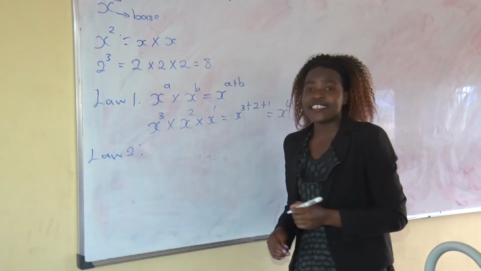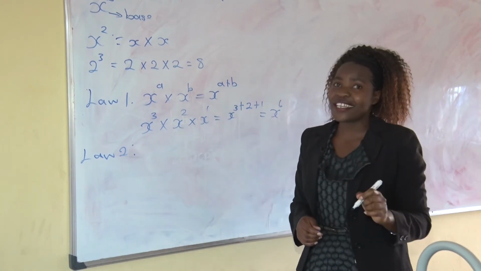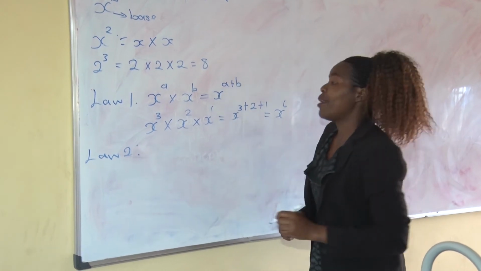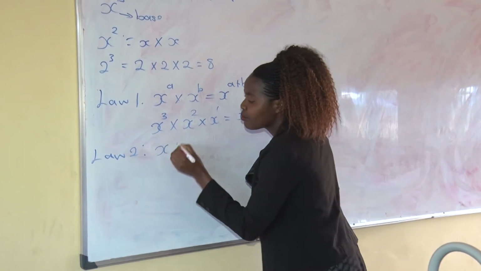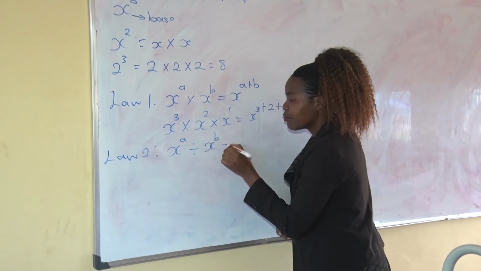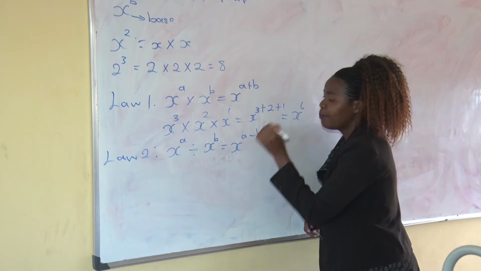It states that whenever you divide numbers of the same base, you simply return the base and subtract the powers.